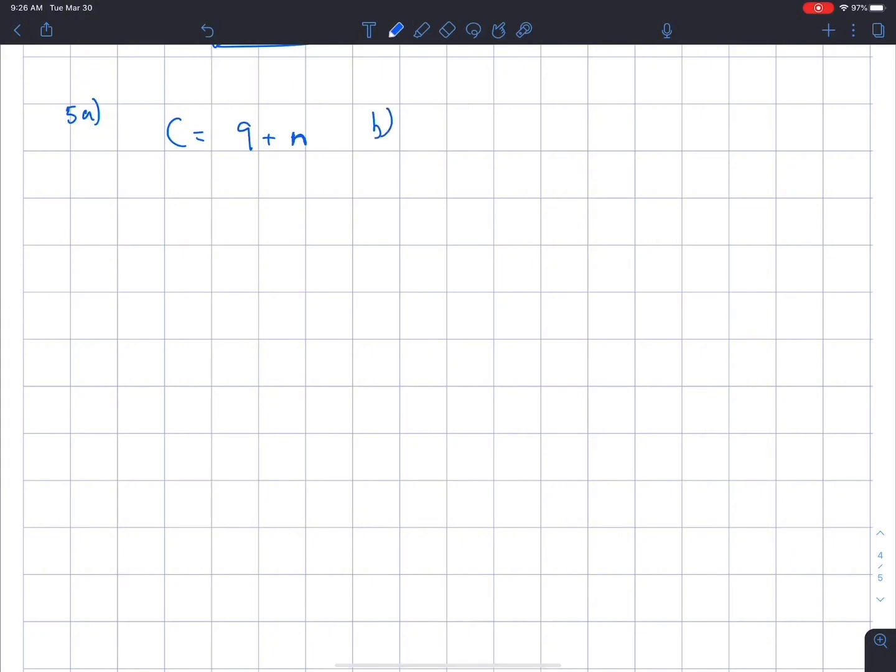And then B. They want us to graph this out. Again, I'll just be making a table.